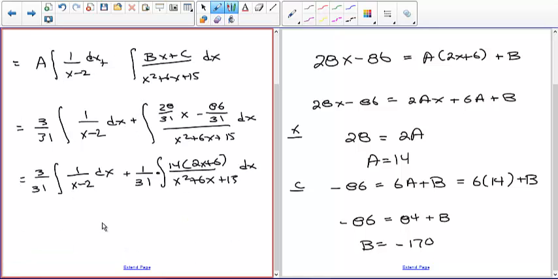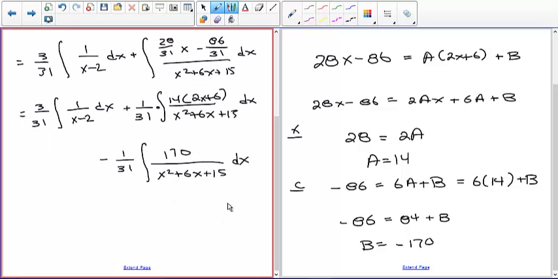And then I have the second term, which is going to be negative 1 over 31 times the integral of 170 divided by x squared plus 6x plus 15 dx. So in this case, because of the way I chose to define a, 2x plus 6 dx is du, with this being u. So if I let this be u, this is du.